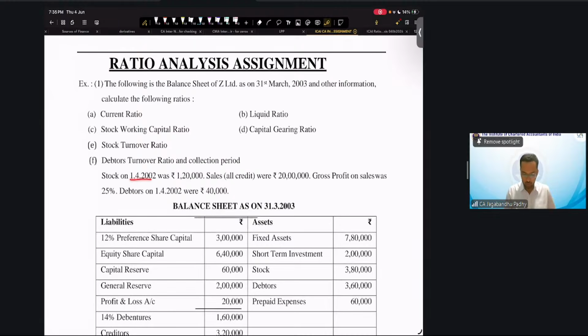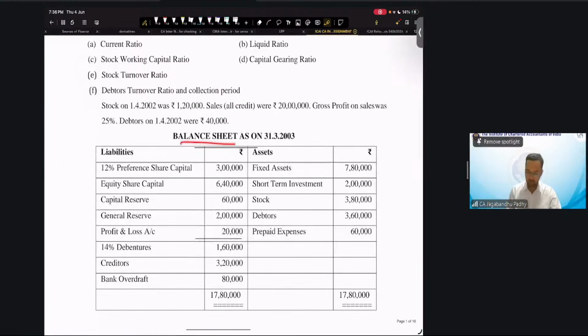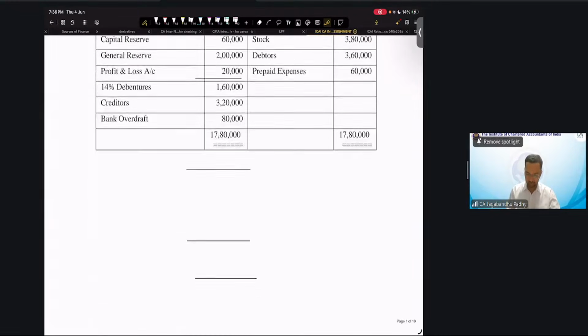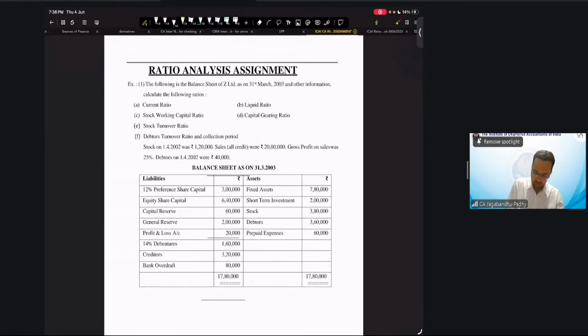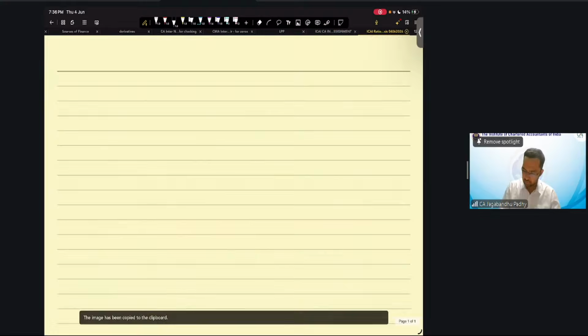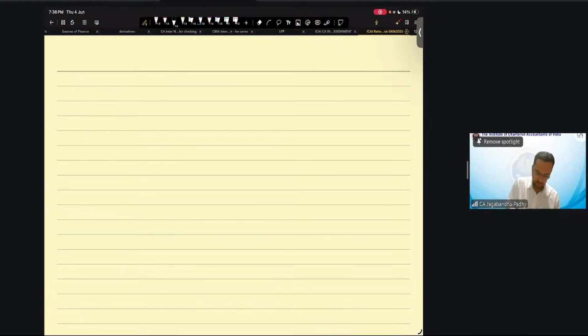Okay, and then we have the opening stock as 1,20,000, sales, which is all credit sales of 20 lakh, gross profit on sales is 25%, debtors as on 1/4/2002 is 40,000, which is your opening debtors, right? And then we have the liabilities and asset side of balance sheet, right? So we have to compute certain numbers from this. So let me just take this question and place it over here.